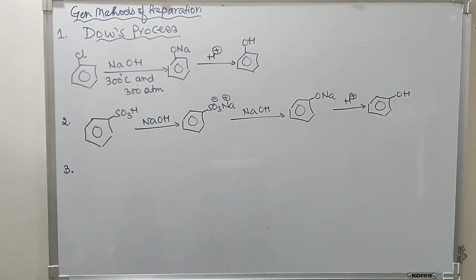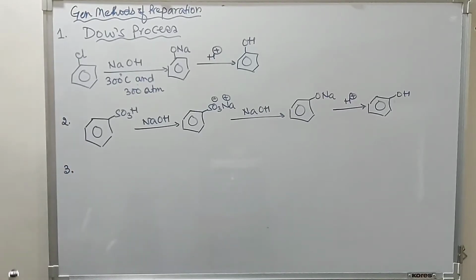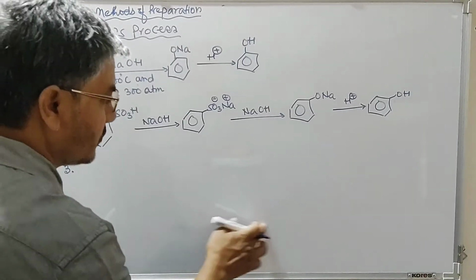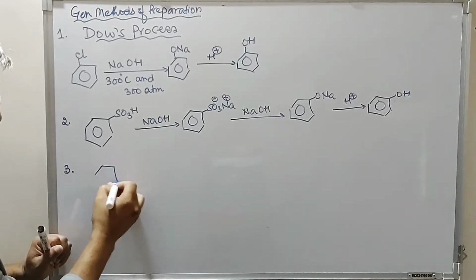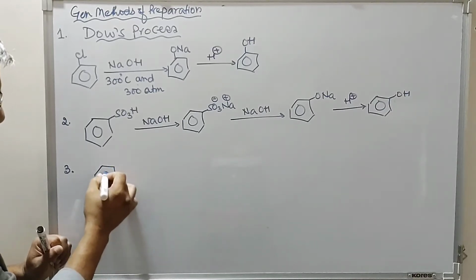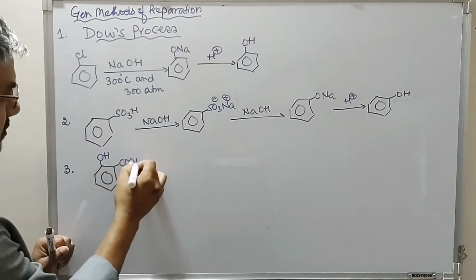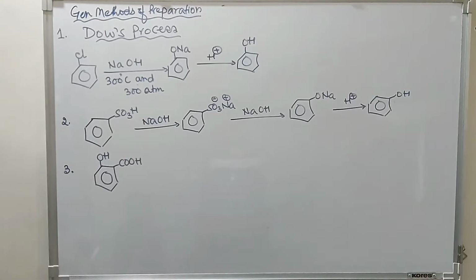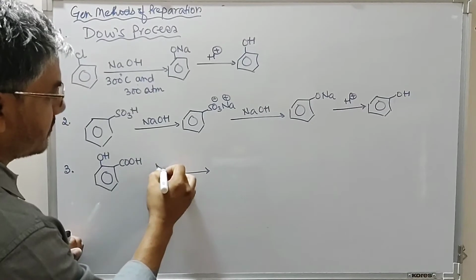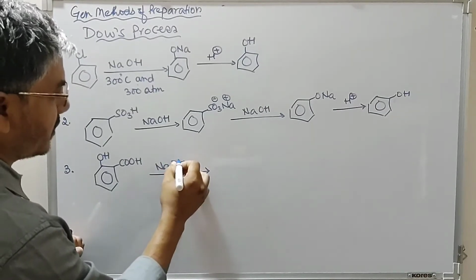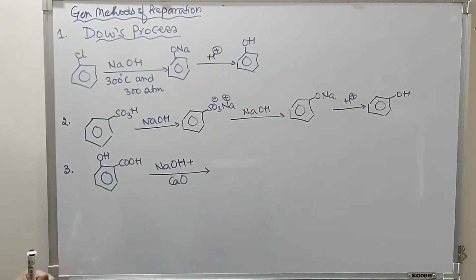Third method of preparation of phenol, that is decarboxylation of phenolic acids. Suppose we have a look at this compound. Now this compound on the reaction with soda lime, NaOH plus calcium oxide, which is known as soda lime.